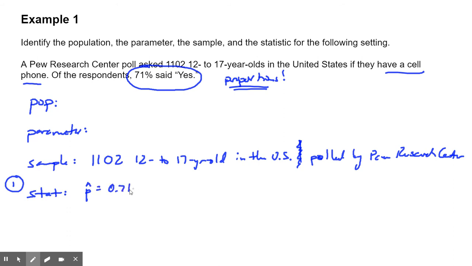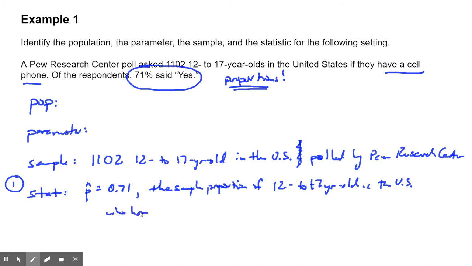So P hat equals 0.71, the sample proportion of 12 to 17-year-olds in the US who have a cell phone. Okay. All right. So again, that's what yes meant. Yes meant they have a cell phone.